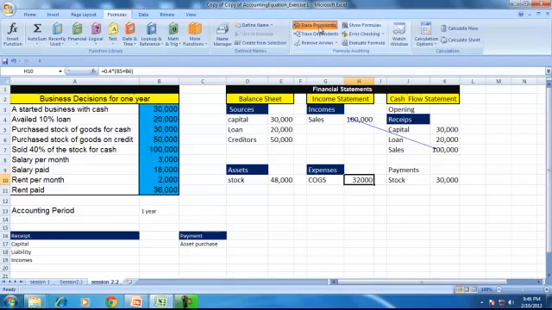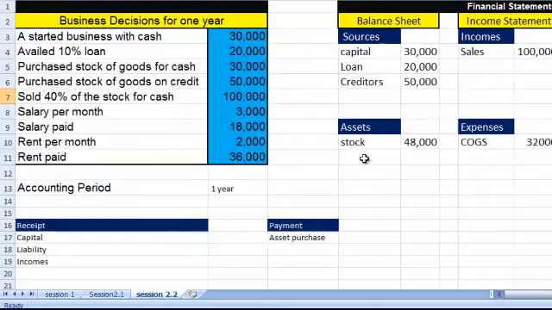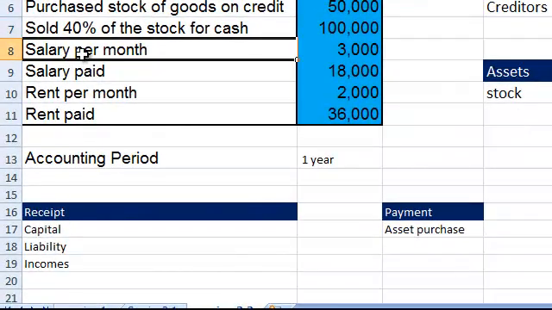The cost of goods sold, 40% of that, becomes an expense, and the asset to the extent of 32,000 is reduced. So whenever there is a sale, there has to be a COGS, and the sales may be in the form of cash. If you don't receive cash, there will be an asset. But in this case, you have received the cash.